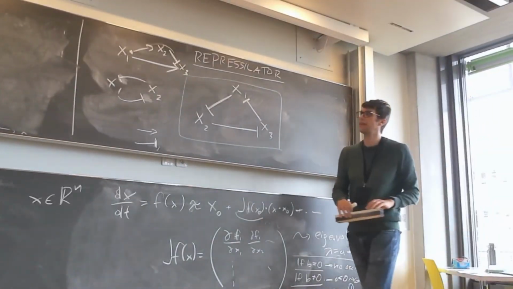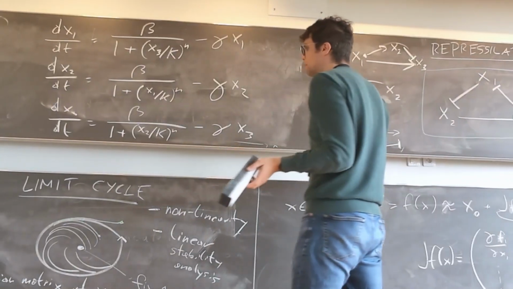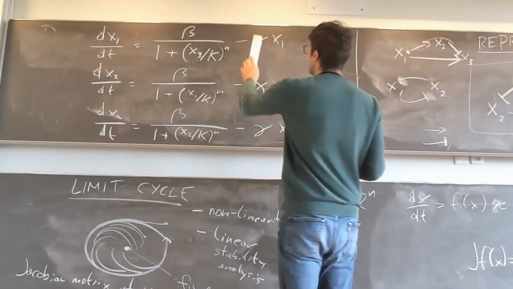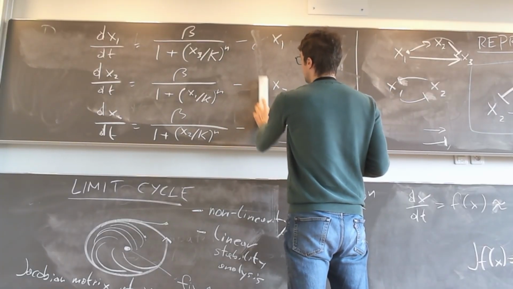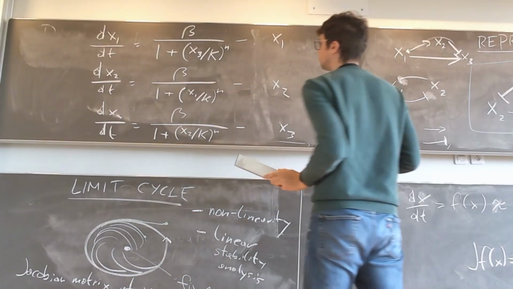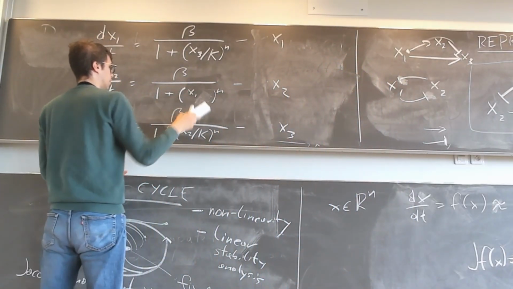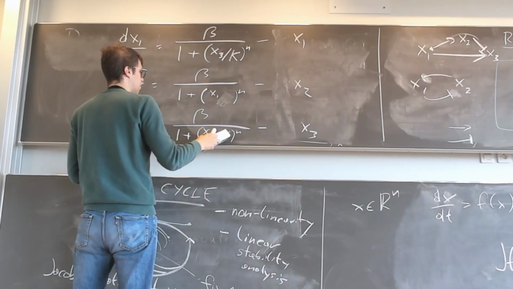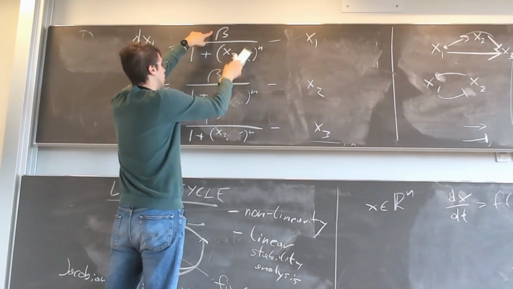Once you have that, you can go a bit further and tweak your system to make it a bit simpler. First of all, you can remove the gammas here by adjusting the time scale. You can remove the k's here, again, by adjusting the scale. This, of course, will change the betas quite a bit.